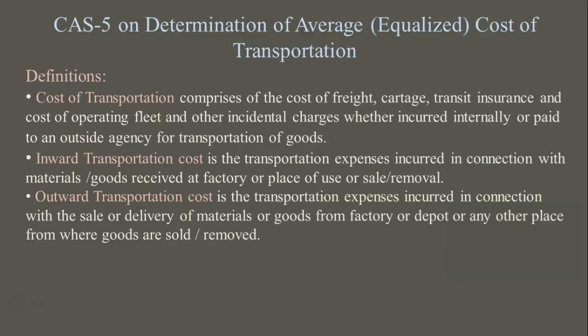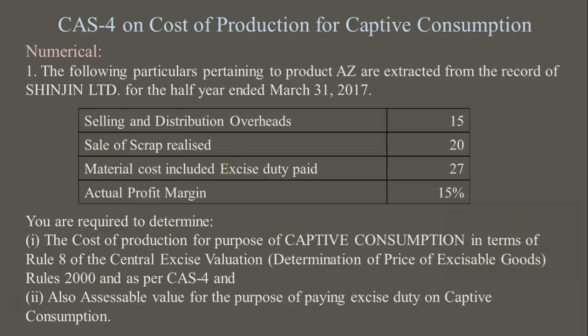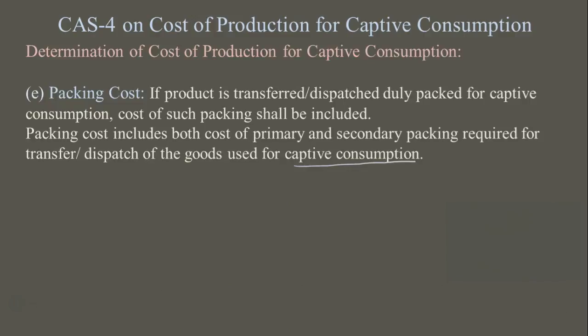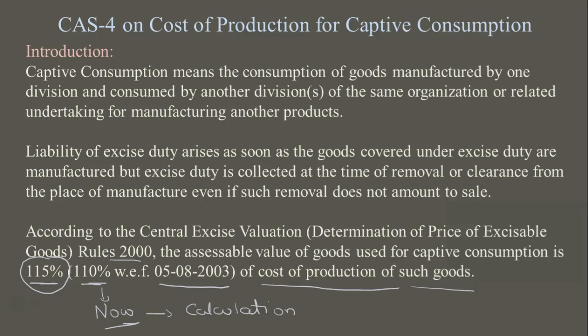If you have any doubt, I think I have to repeat some important parts which I covered today. First of all, take care of this point. When we calculate the cost of production and we have to come to the assessable value, we have to add 10% as per rule 8 under cost of production to come to our assessable value.